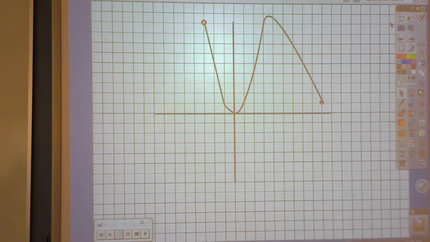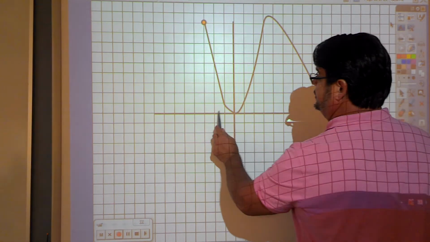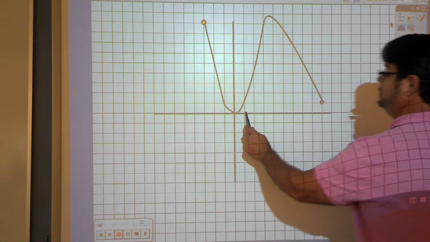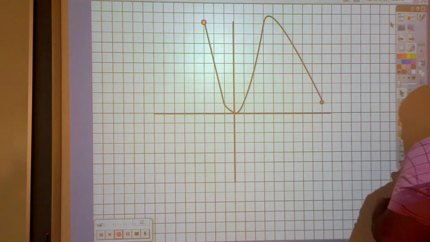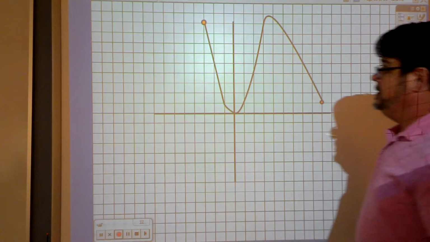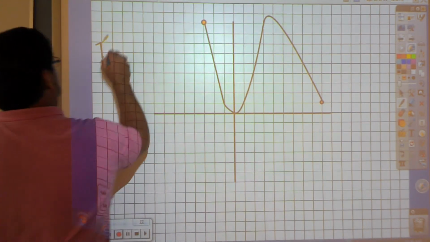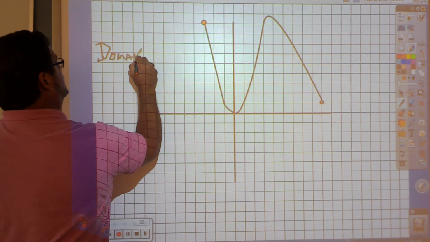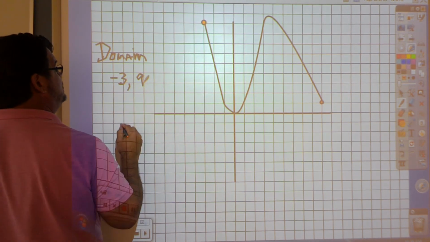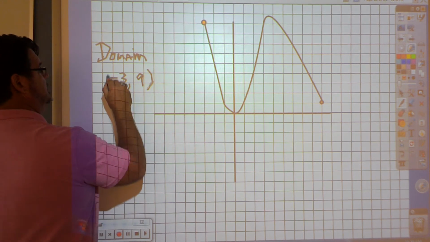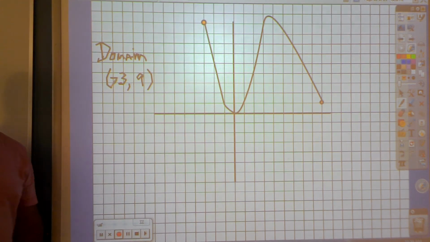It looks like -3, 1, 2, 3, 4, 5, 6, 7, 8, 9. So your domain is -3 to 9, and parentheses go on both sides because of the open circles.